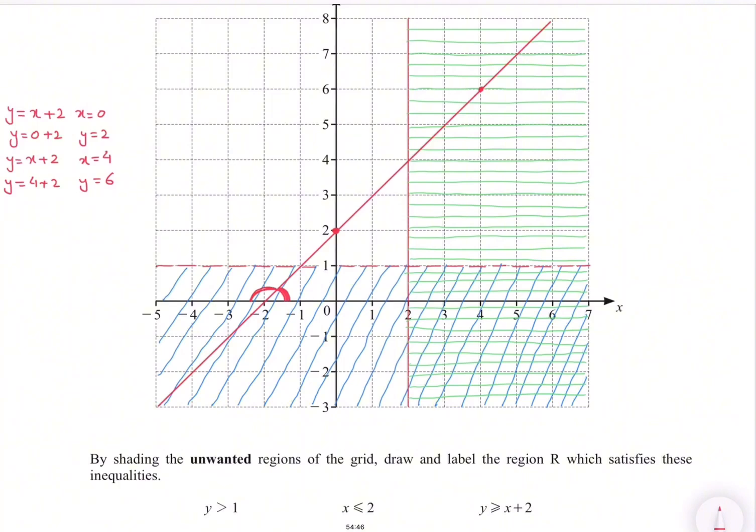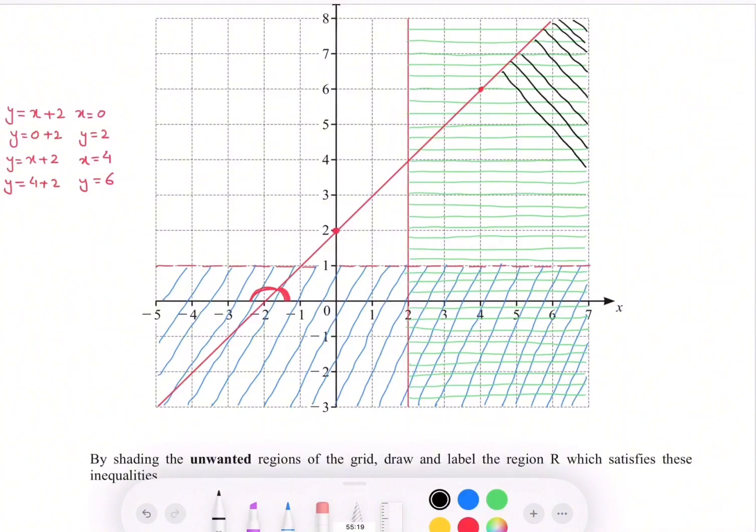The inequality says y is greater than or equal to, so the side on the greater angle is the region which is required, which fulfills this inequality, and the region towards the smaller angle is the unwanted region. So we shade this unwanted region with the black line.